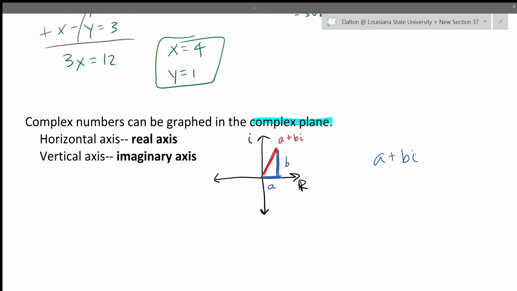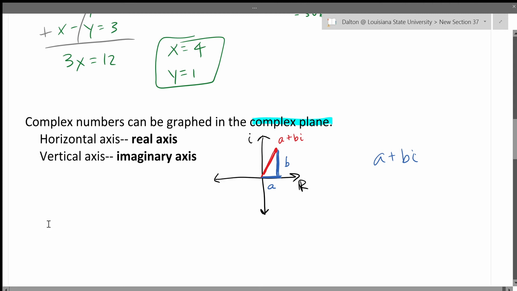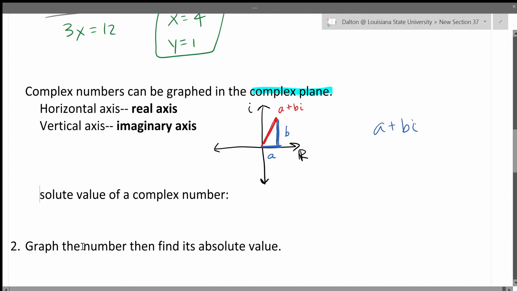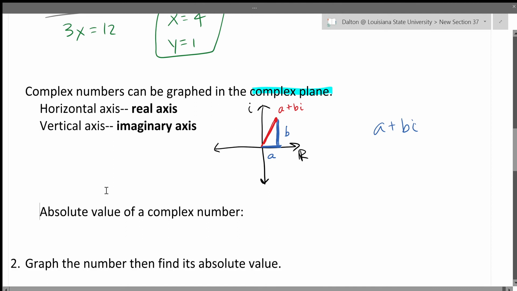All right. Next up. The next type of questions. The absolute value of a complex number is exactly what it sounds like. Typically, when we dealt with vectors, we referred to this as magnitude.